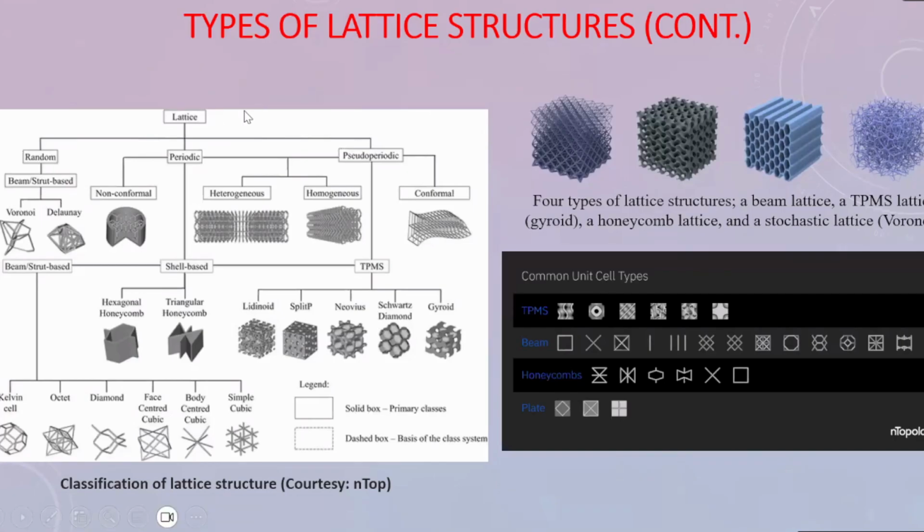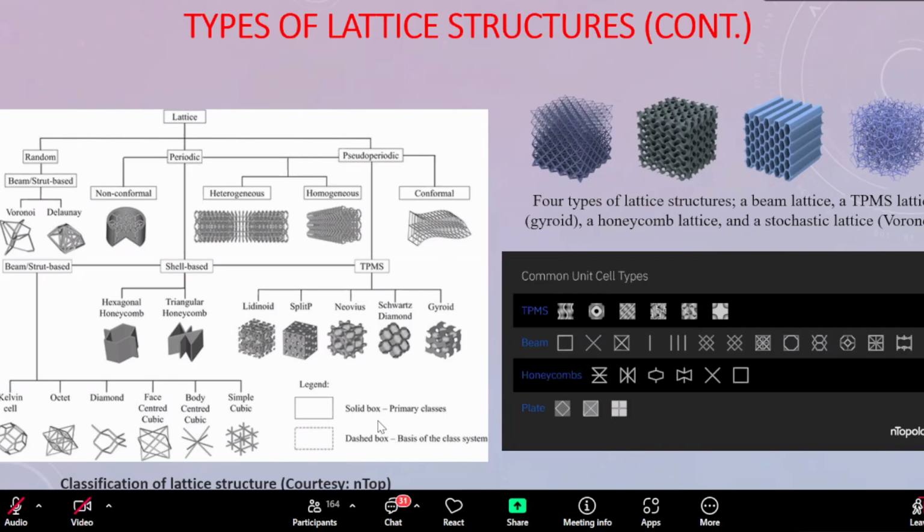And you can see these lattice structures, which I already told you, which are beam or strut based, or periodic, which is repeated along x, y, and z directions, and pseudo periodic, which looks like periodic but there will be variation of unit cells, and conformal. Conformal means there may be variation of the strut size, like functionally graded, which comes under this category.